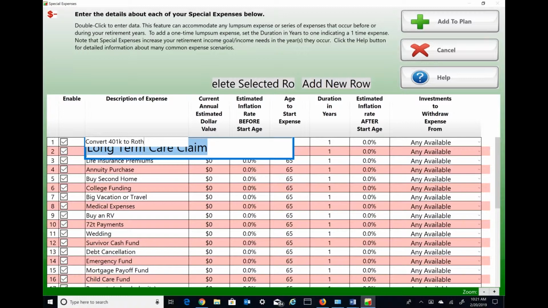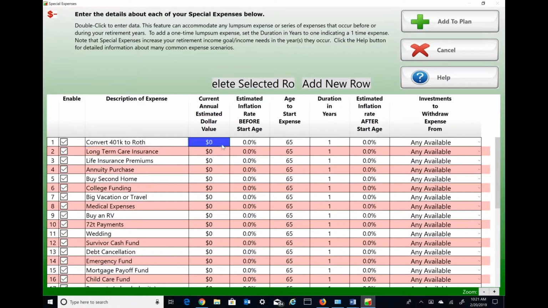Now we're not doing the whole thing, but you get the idea. And we're going to do $50,000 a year, with no inflation rate, and we're going to start that at age 60 when he retires, and do that for 5 years.